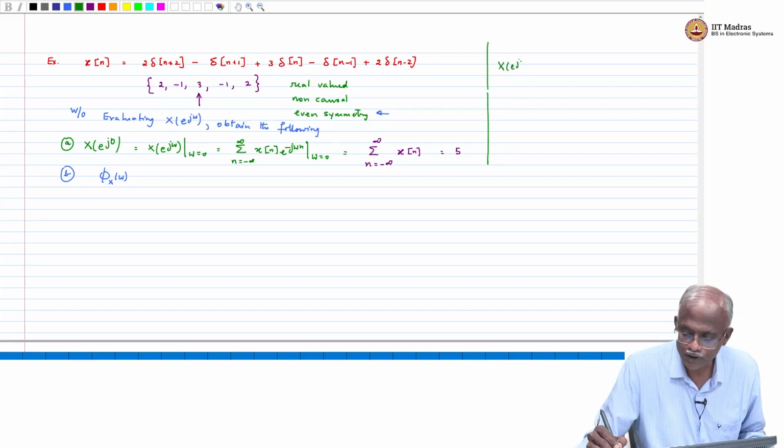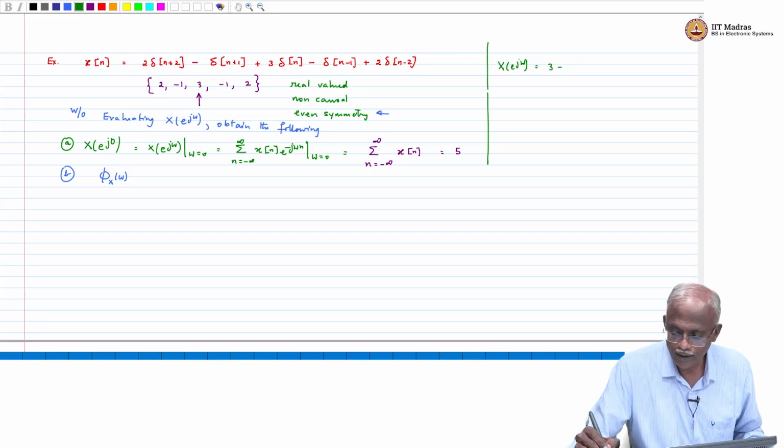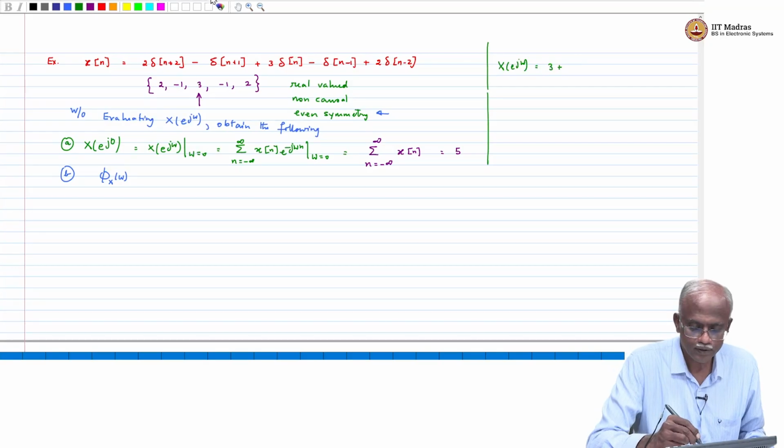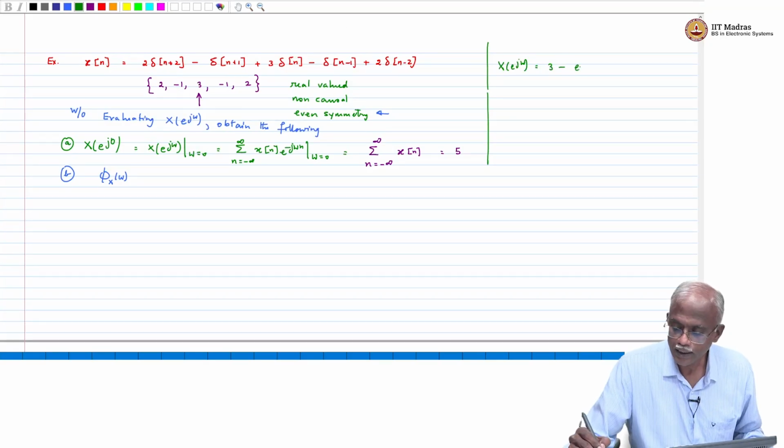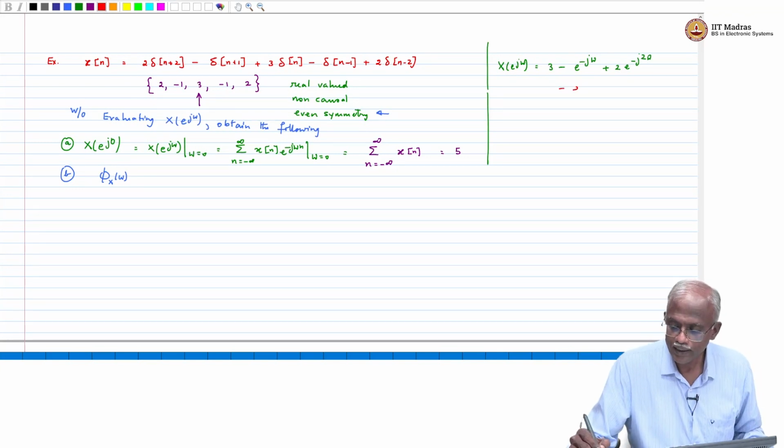X e of j omega is going to be equal to 3 plus, next term is minus e power minus j omega plus 2 e power minus j 2 omega. Then the two terms on the other side, minus e power plus j omega plus 2 e power j 2 omega.